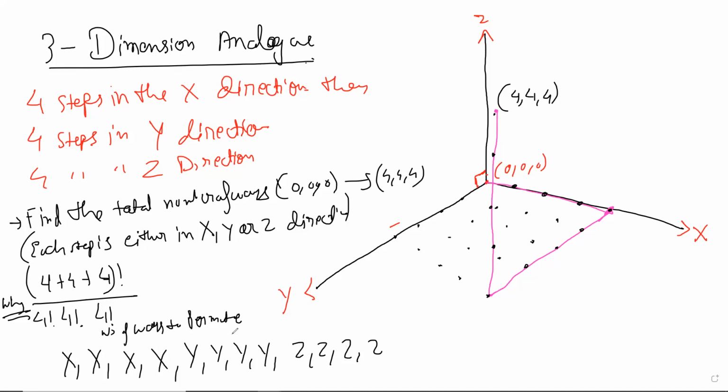But now there are three kinds of quantities. How do we find the answer to this? Why is this the answer and not something else? So it is correct that we need to take 4 x's, 4 y's, and 4 z's, and we want to permute them. And that is exactly what the question is. So again, as an analog, it is correct.